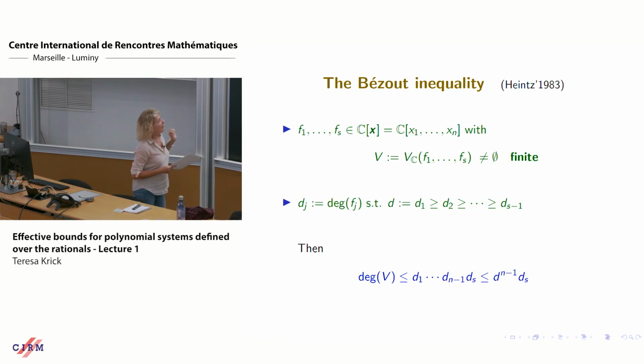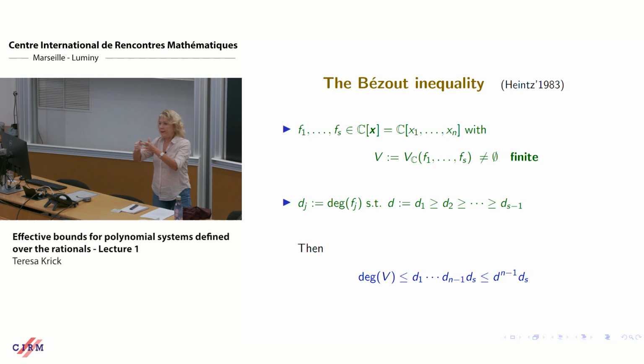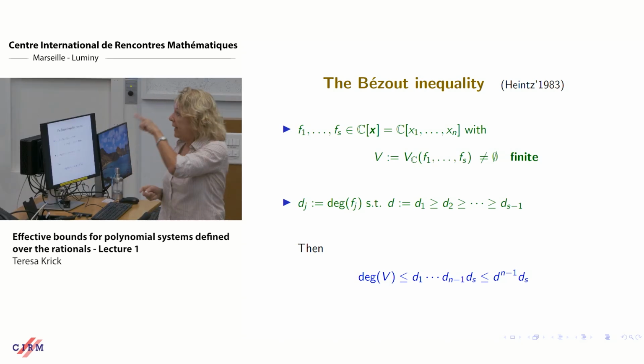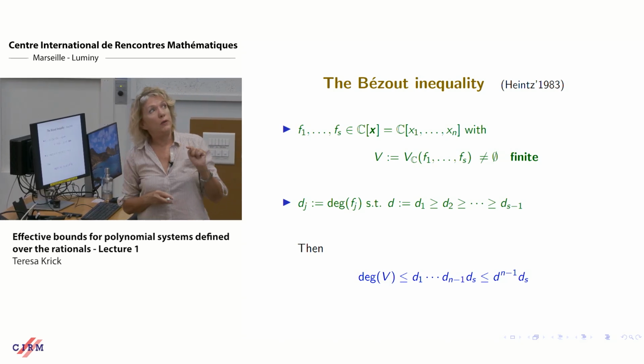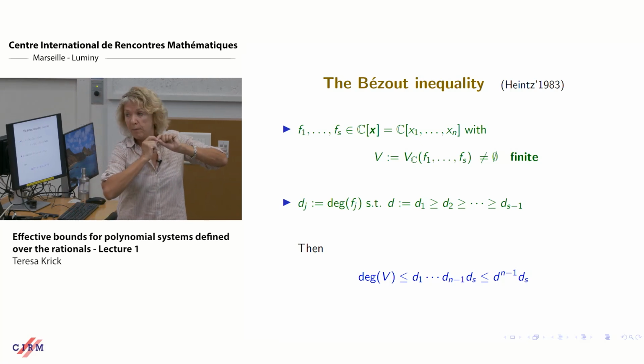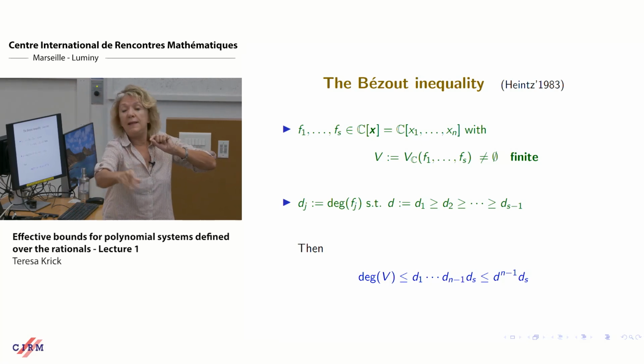But what the Bézout inequality says is that if you order your polynomials, d1 greater than d2 greater than ... ds minus 1, and then one polynomial independent, you don't care about it, you know that the number of points, if the variety is finite, is bounded by the product of the n minus 1 bigger ones and the other one.